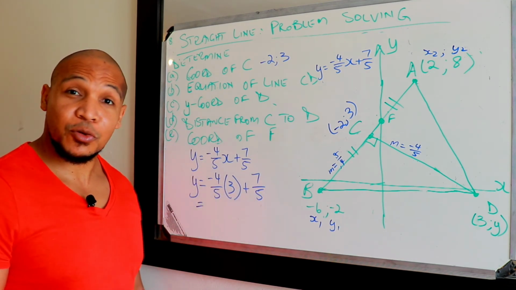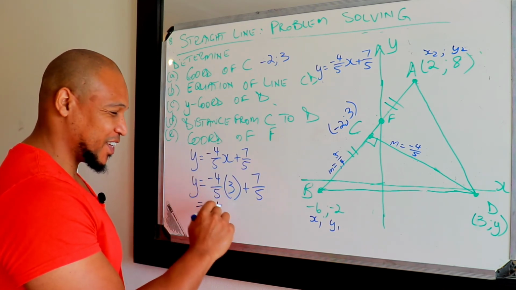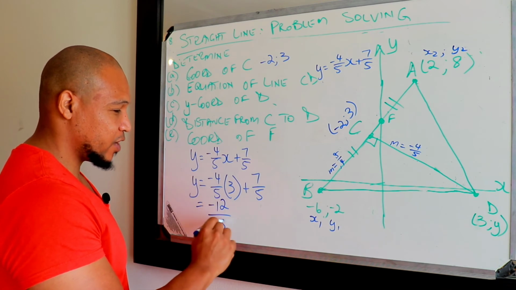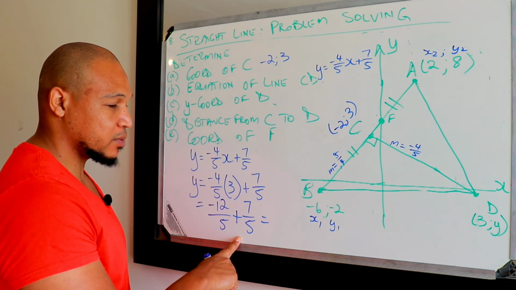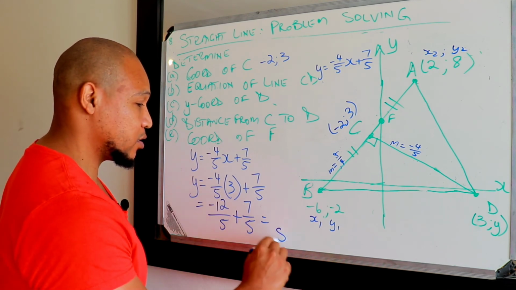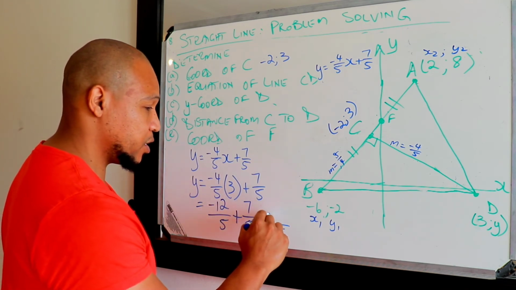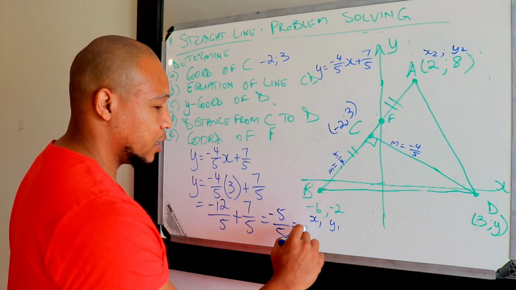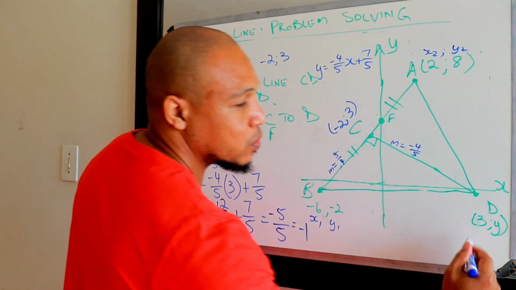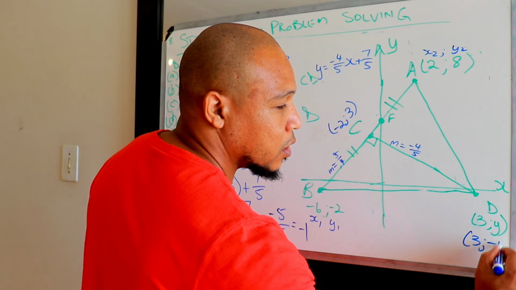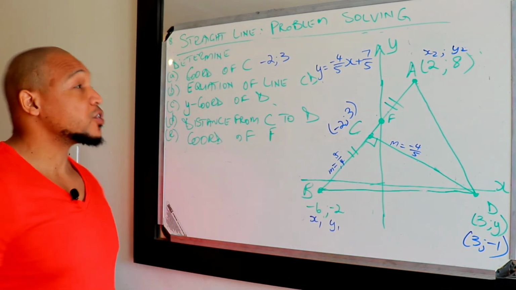And here I need to know my fractions. So negative 4 times 3 is negative 12 over 5 plus 7 over 5. So when I add or subtract fractions, I write down my denominator, which is 5, and then negative 12 plus 7 would be negative 5, and my answer would be negative 1. So my y value would be negative 1.